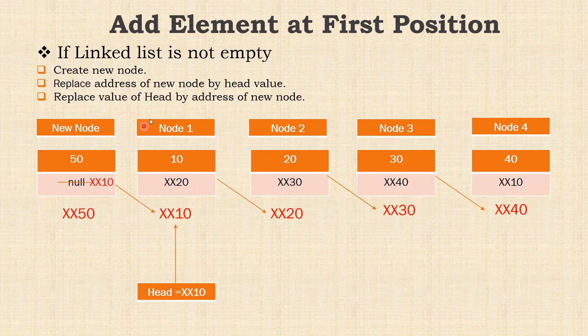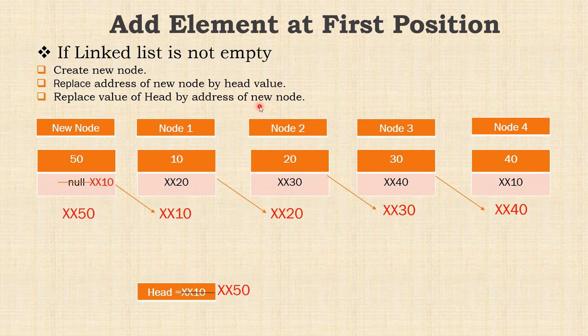Now we're going to follow the second step, which is replace the value of head by the address of new node. So this is the value of head, which is xx10. Instead of that, it should be the address of new node, okay, so it should be xx50. So we'll delete the head value xx10, and now it should be xx50, which is the address of new node.